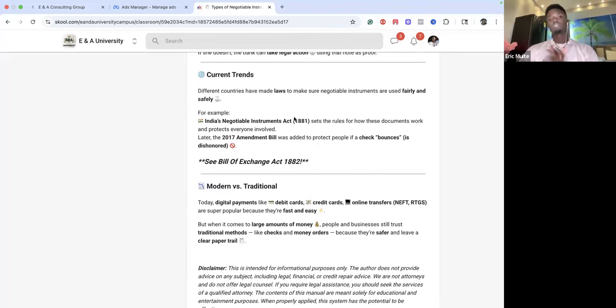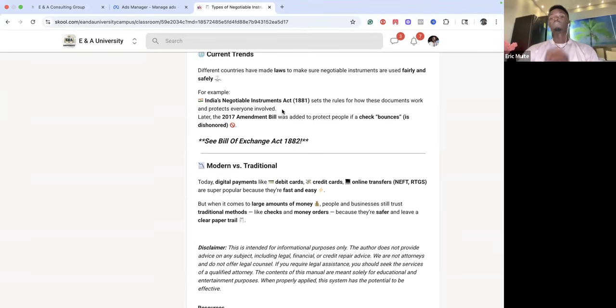And so, a few things to really understand about these trends, guys, is different countries have made laws that make sure negotiable instruments are used fairly and safely. Now, believe it or not, other parts of the world do use it. Like India has a Negotiable Instruments Act of 1881 that sets the rules for how these documents work and protects everyone involved. Now, you'll be quite interested if you start doing research.